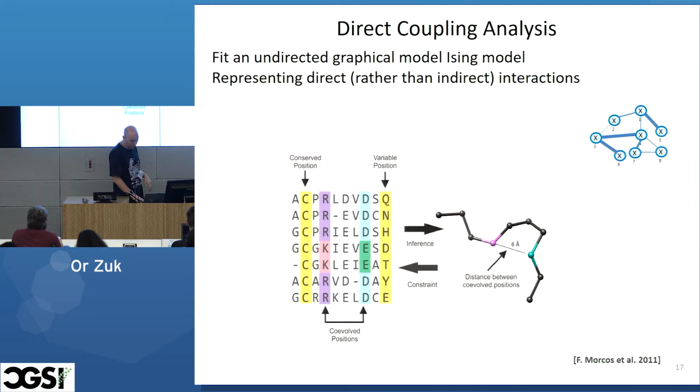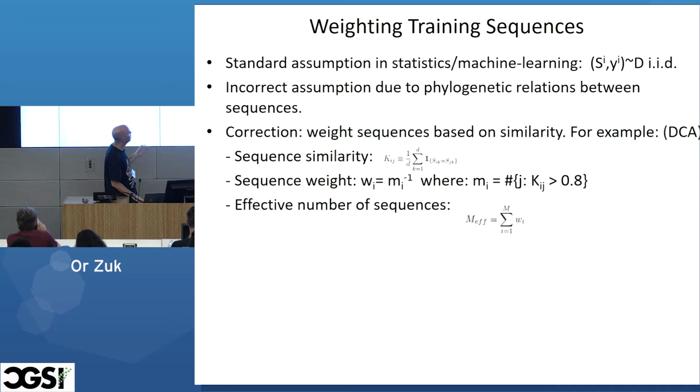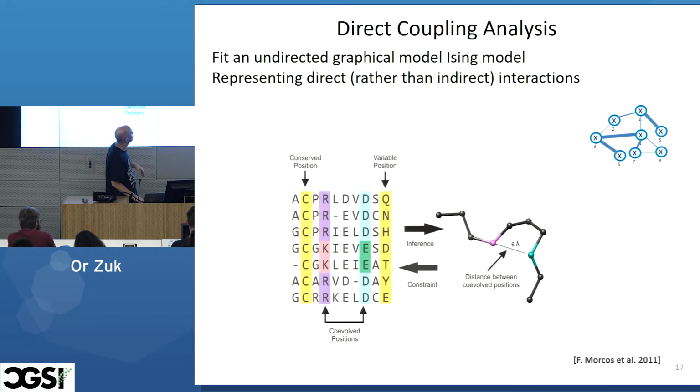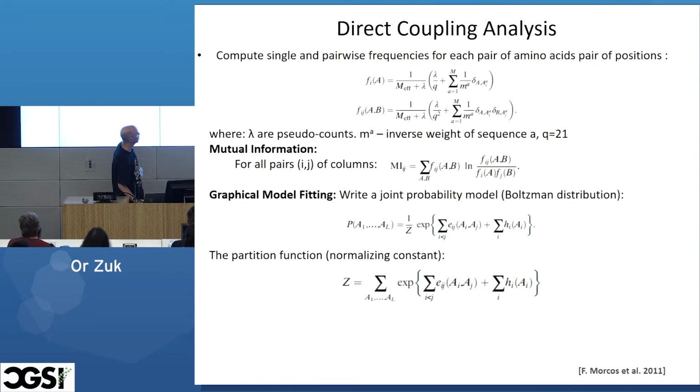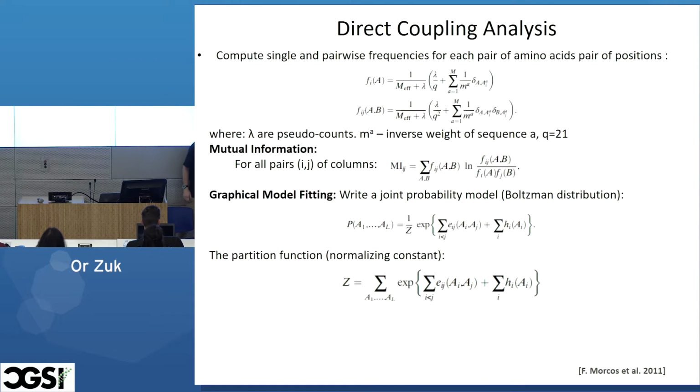Direct coupling analysis uses a discrete graphical model, not Gaussian. There are many different details about this method, but the principle is the same. It's trying to fit a sparse graphical model. So I'll skip all the details of the direct coupling analysis method and just give you the reference. It's Morcos et al. from 2011.